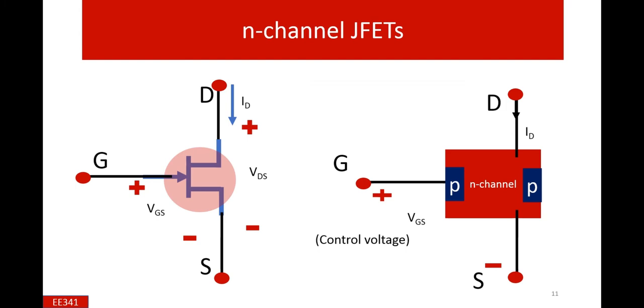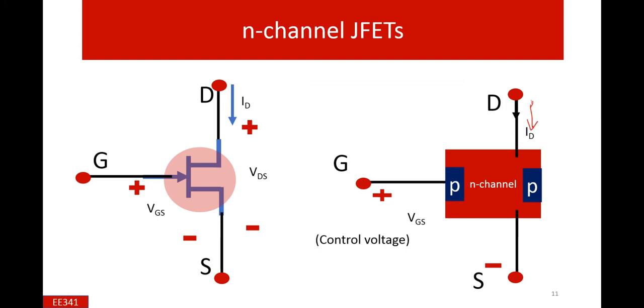So what is meant by this N channel? This ID, the drain current, represents the conventional current, whose direction is downward.